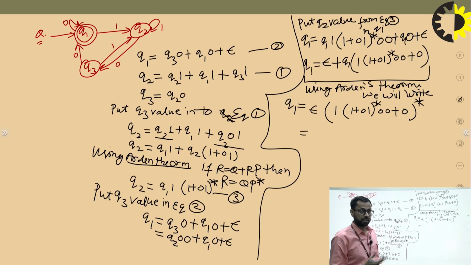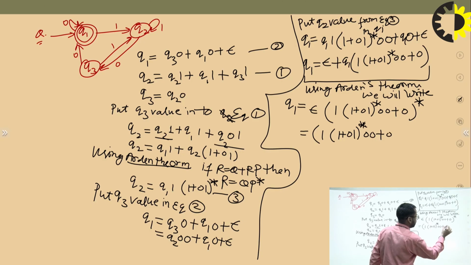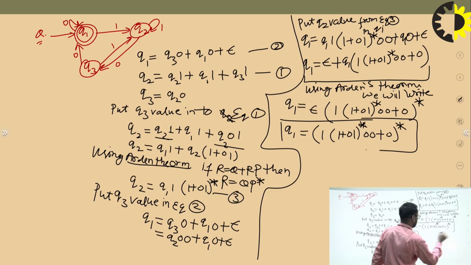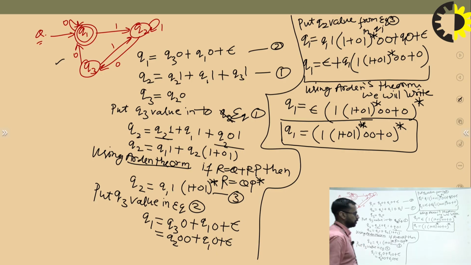Epsilon does not contain any affecting value. So the resultant will be (1 plus 0 1) star 0 0 plus 0. This is Q1, the final state, the regular expression expressed from the given model.